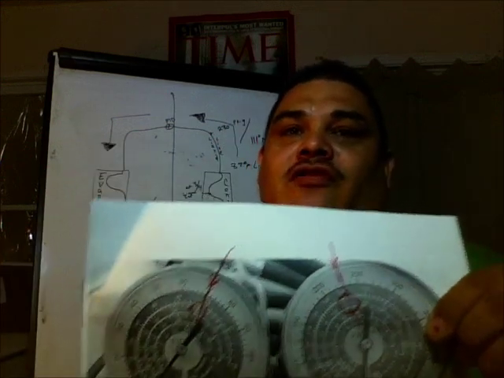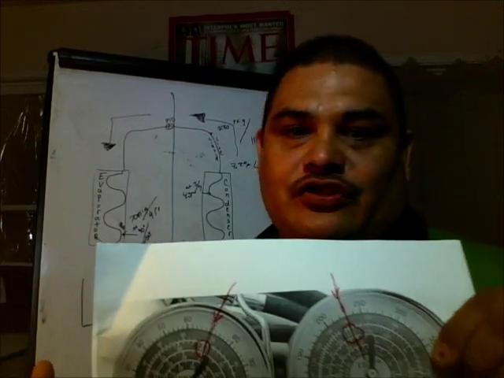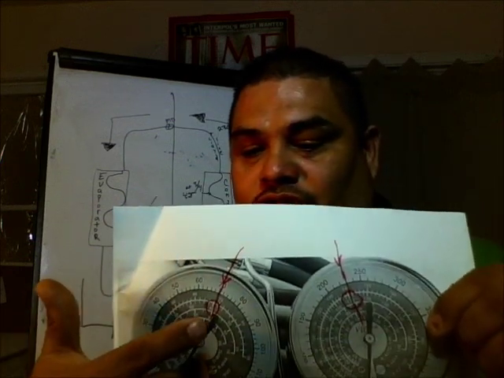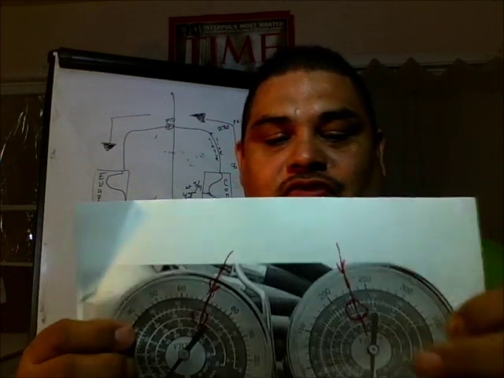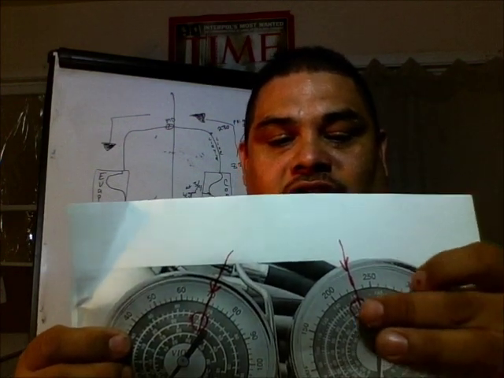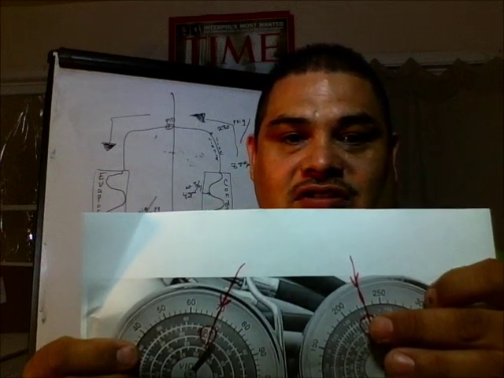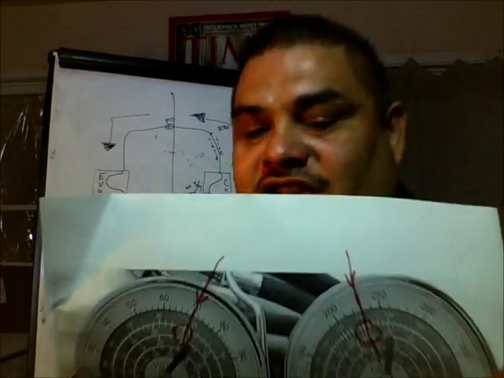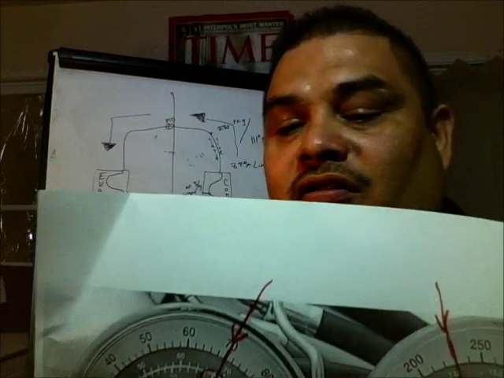Now there are two ways you can find the saturation temperature. The first is, I was using R22, so we go to the R22 chart, and here I circled the number. You find the saturation temperature on each one. On the high side, you're looking at about 111 degrees Fahrenheit. On the low side, you're looking at about 40 or 41 degrees Fahrenheit.